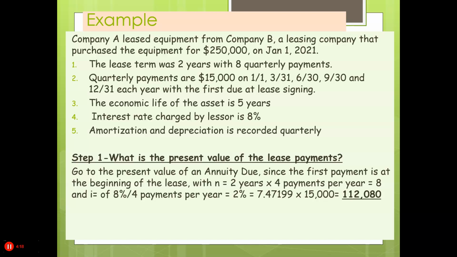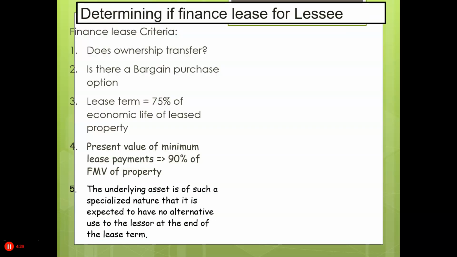Now we're going to determine what type of lease this is. We're going to go through our criteria. Does ownership transfer in our example? No. Is there a bargain purchase option? No. Does the lease term equal 75% of the economic life of the leased property?